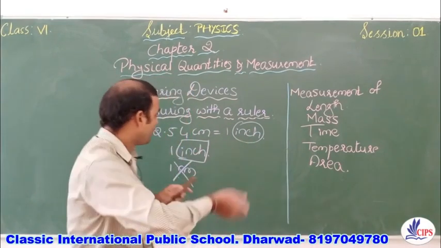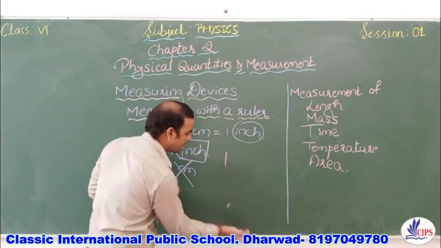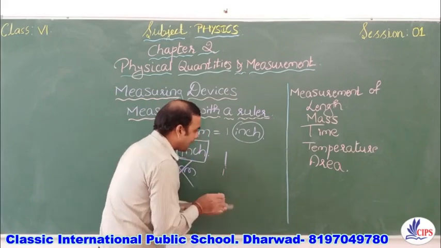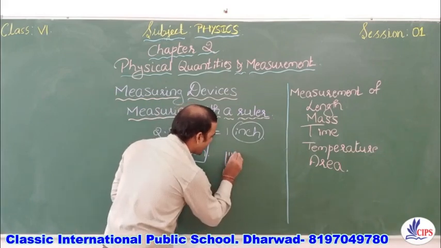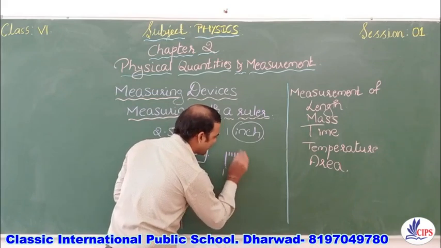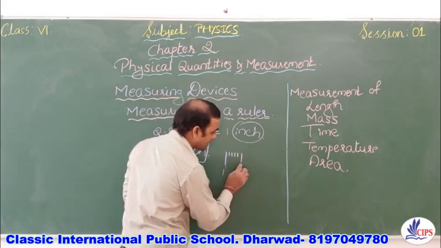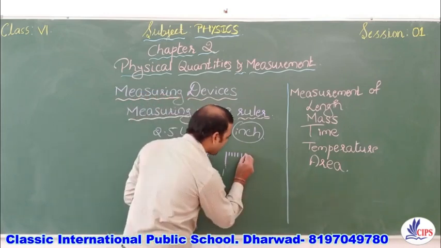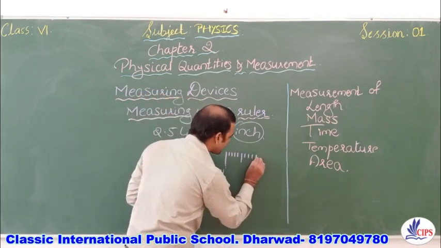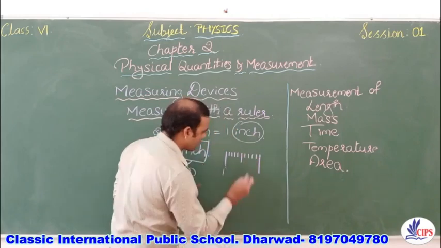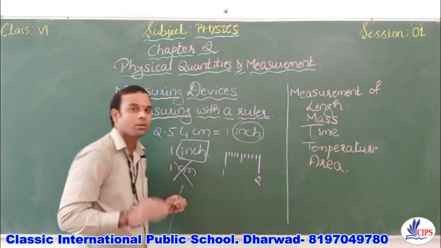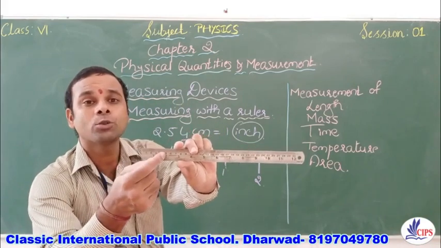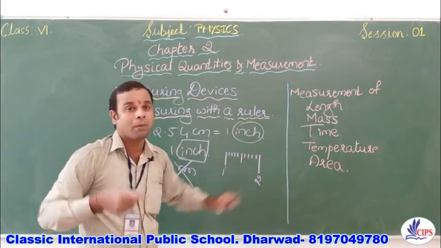There are small divisions, then a line which is larger but not as large as the next one, and then we have the larger one, this is 2. Is this clear? You can all observe these markings from 1 to 2.